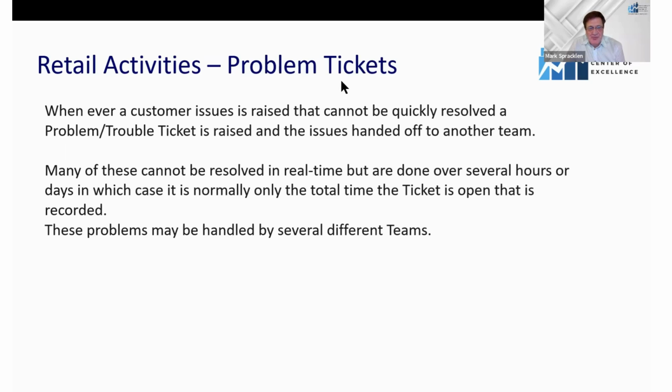And then the third one is problem tickets. So the problem tickets is where you call into a call center and they can't fix your problem immediately. So they give you a ticket number and they say, oh, someone will call you back. These are actually often far more expensive to do than the call center, because the call center is normally quite cheap outsourced staff who just answer the phone and answer certain questions on the screen. If it's a complicated problem, it normally gets passed on to a more senior team in the business, which might be somebody who deals with billing, or somebody who deals with the network if it's a network problem, and these are a lot more expensive.